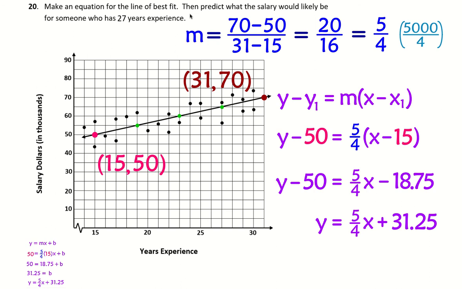The very, very good news is that I already have the points plotted for you, but even better, I already have the line of best fit drawn for you. That's a very, very good thing. I already have this line of best fit, which makes it pretty clean, by design.